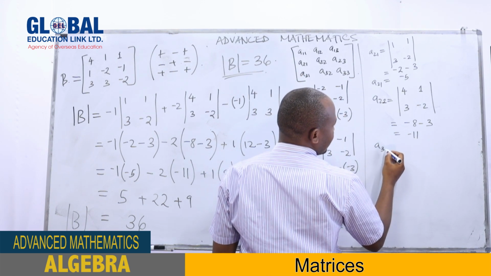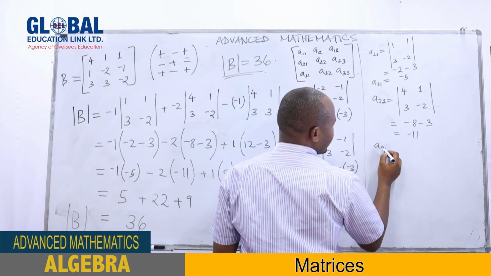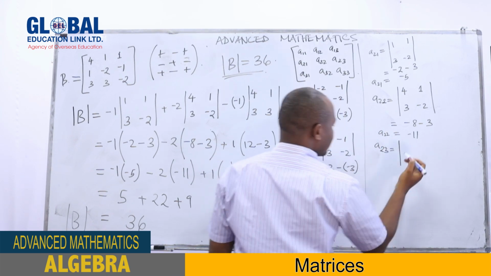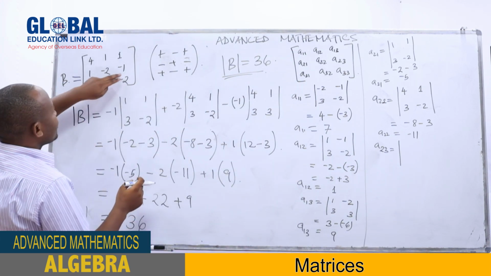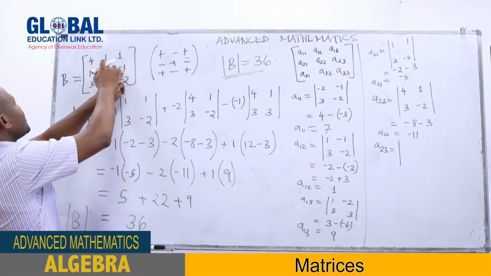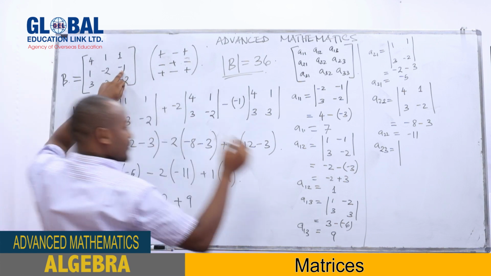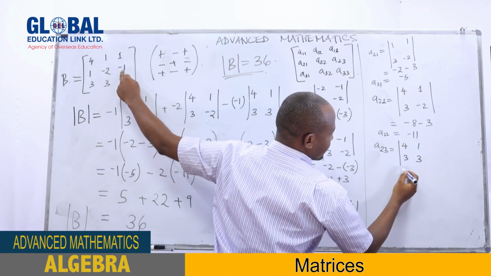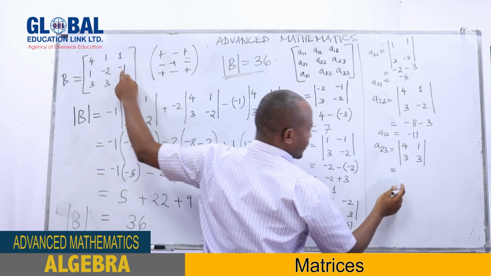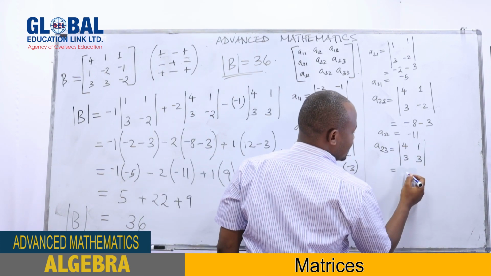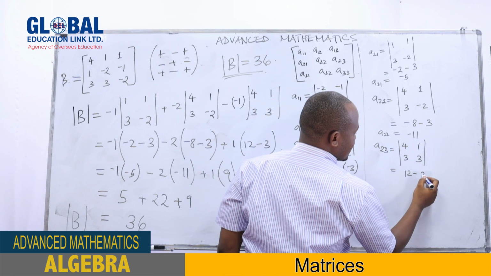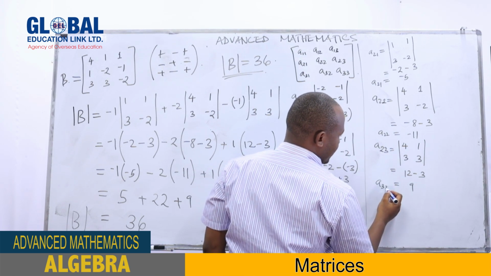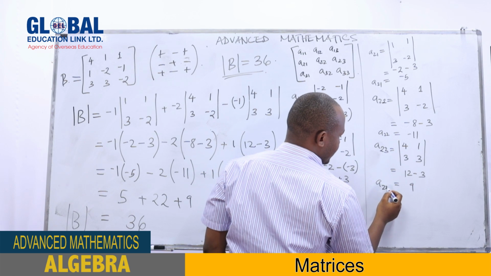A2,3, we are there. That means we are left with 4, 1, 3, 3. That means it will be 12 minus 3, which equals 9. A2,3.